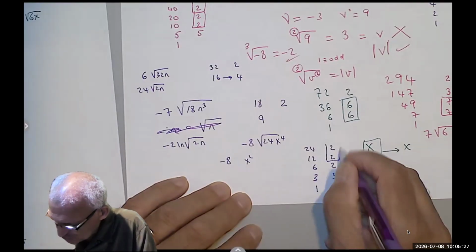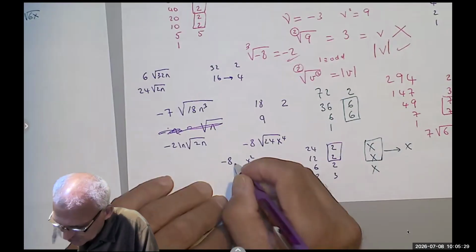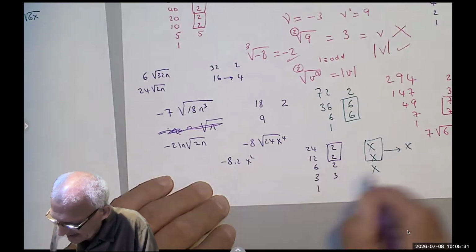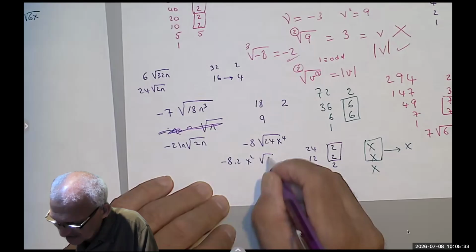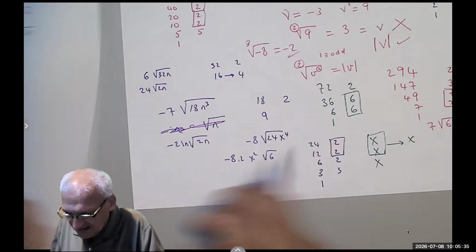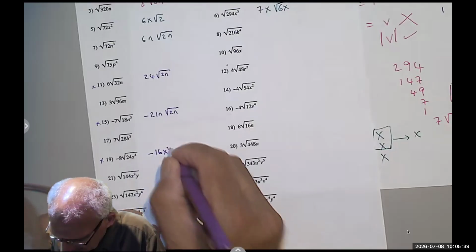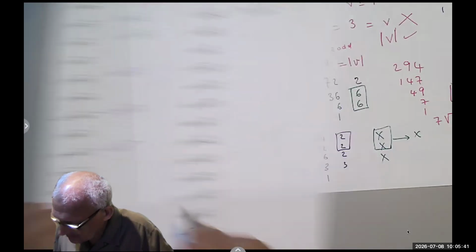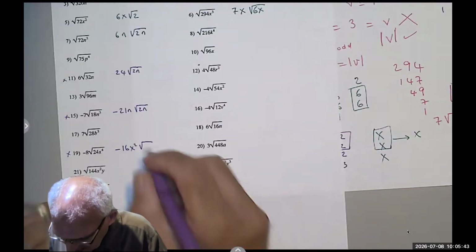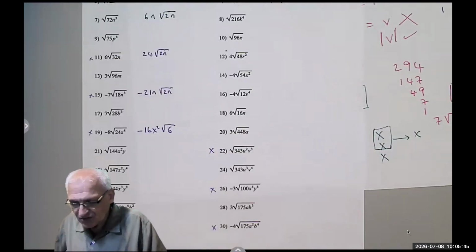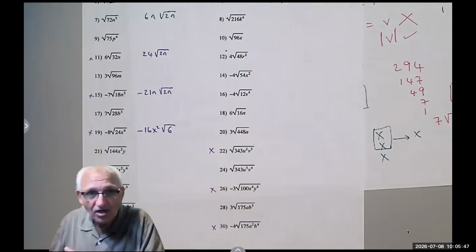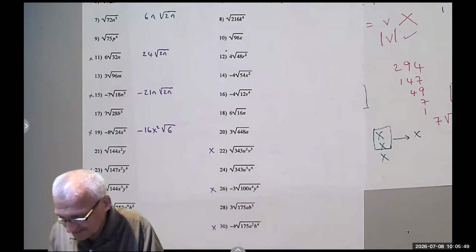I have 2 2's come out as a 2, and inside I have square root of 6. So negative 16x squared square root of 6. There is no x inside because x to the 4, all of it came out as x squared.